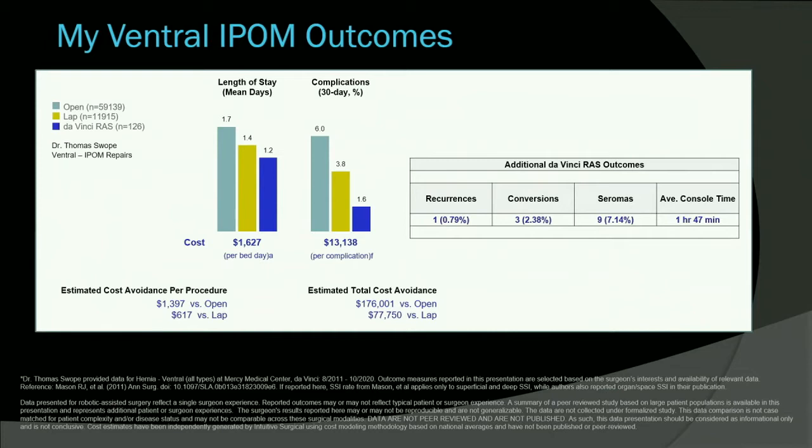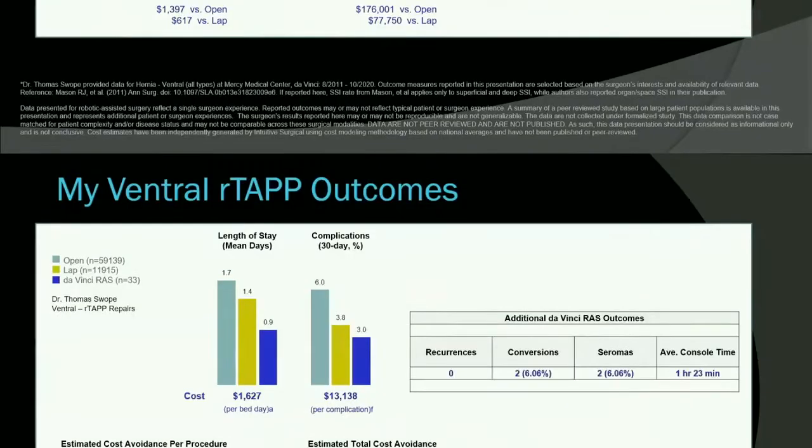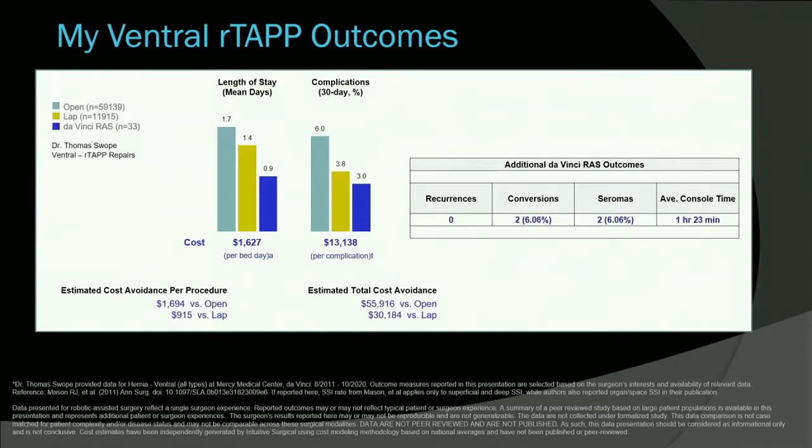And so since I'm less in those particular areas, that all translates into potential cost savings, et cetera. You can look on the right, and I track my recurrences, my conversions, seromas, all those things. I track all that, and that all gets factored into the downstream cost savings, since I'm not having those things happen as often as other people. Therefore, I'm saving money.